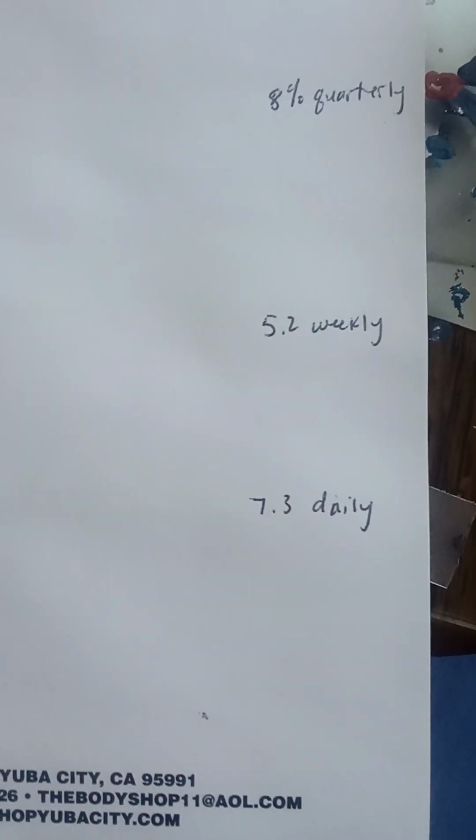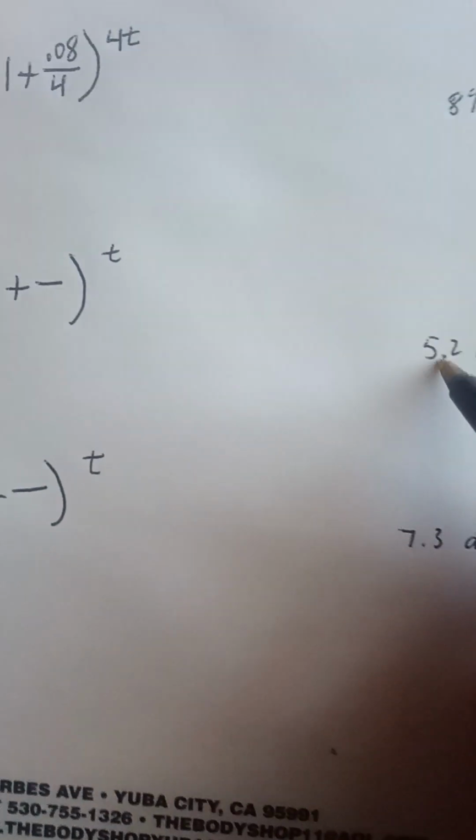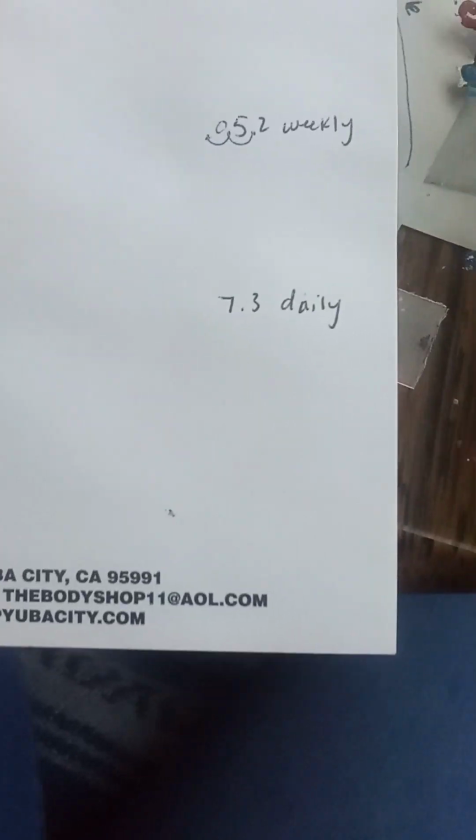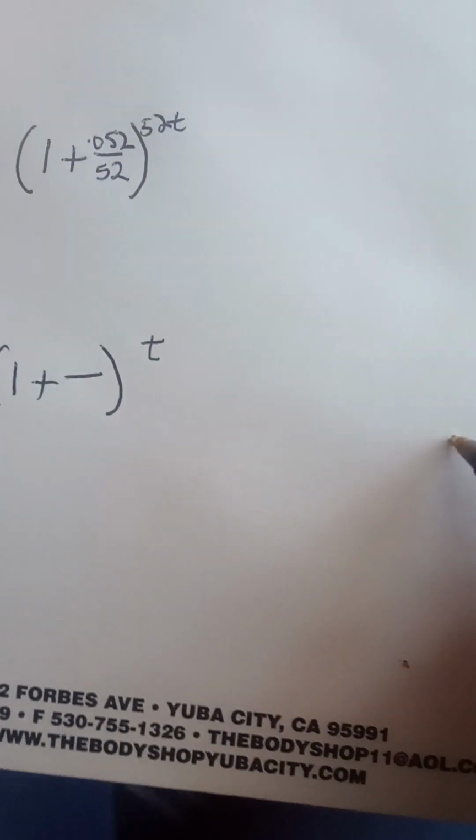The next one would be 5.2% weekly, so that would be 0.052. And weekly, there are 52 weeks in the year. Remember, t is 1 because they already told us we're just doing it for 1 year. And this last one is 7.3%, so 0.073.